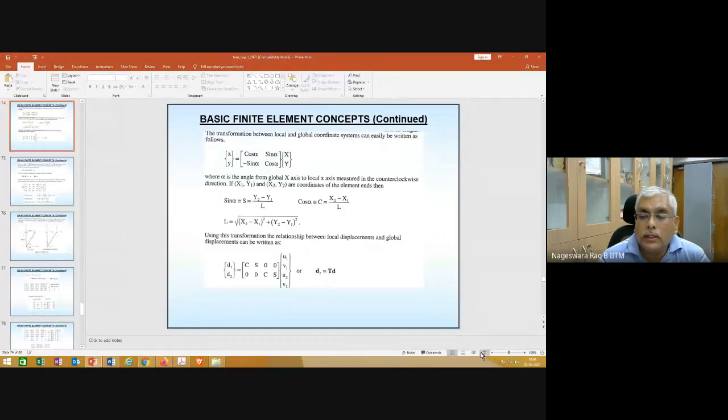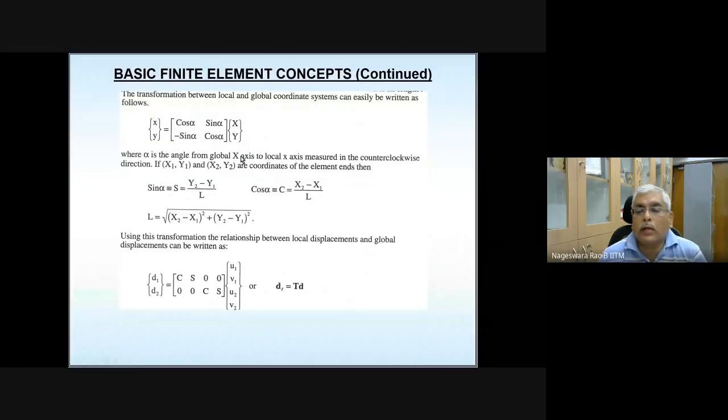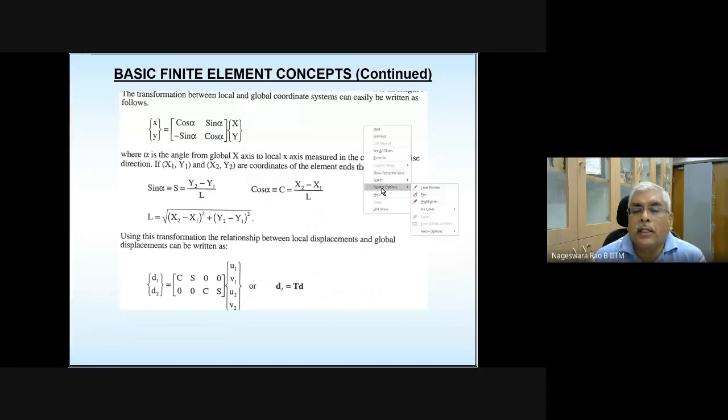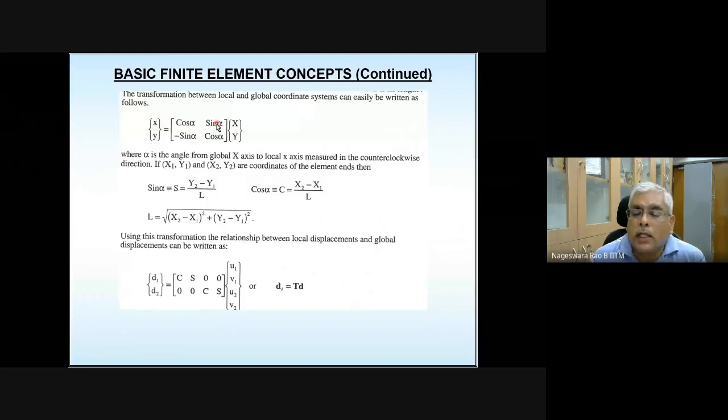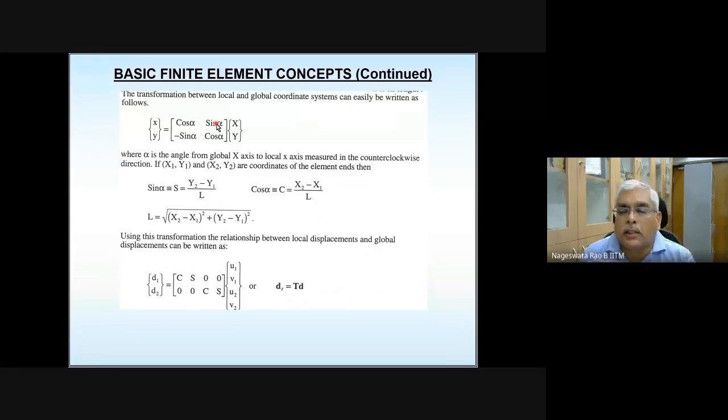You need to know this transformation from the local coordinate system to the global coordinate system, which you can easily write if you understand that the components of this transformation matrix are nothing but direction cosines.